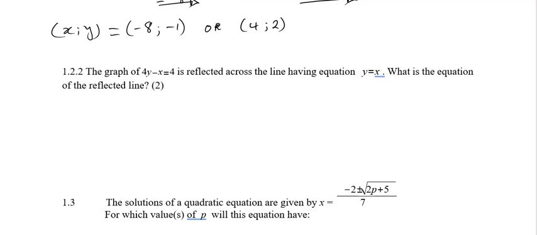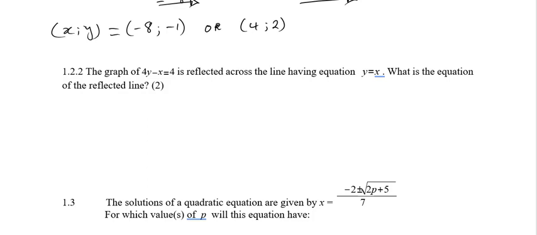Next problem: the graph of 4y minus x equals 4 is reflected across the line whose equation is y equals x. We are required to find the equation of the line that is reflected.